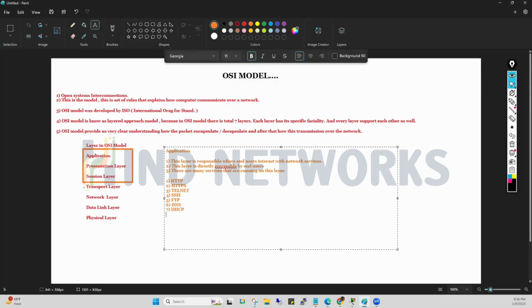By the help of Telnet and SSH, we are taking the console, the remote of other devices, right? Telnet is not secure. SSH is secure. Now, FTP, File Transfer Protocol. Next one is DNS. What is the use of DNS? For example, right now, if you want to open Facebook on your computer, what will you type?